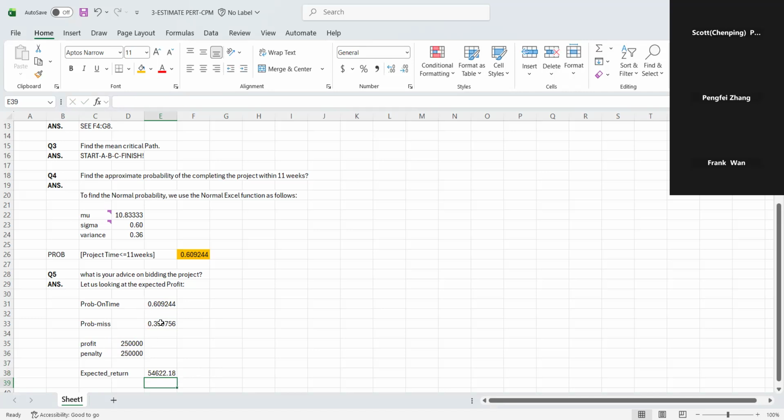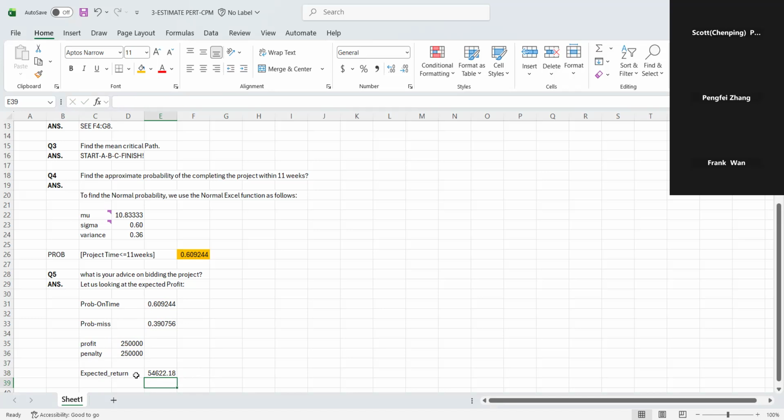So the expected profit is going to be $54,622. Of course, there are some other factors, but this one tells you the expected return of working on the project.